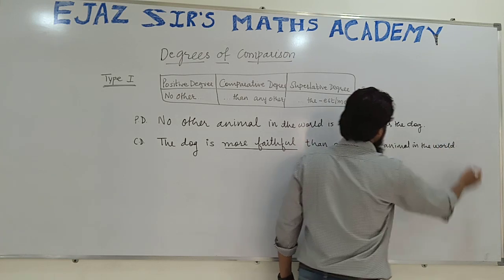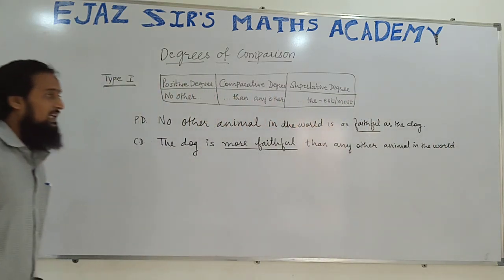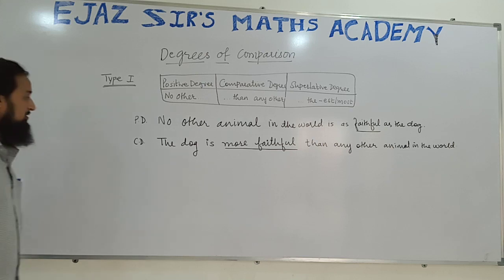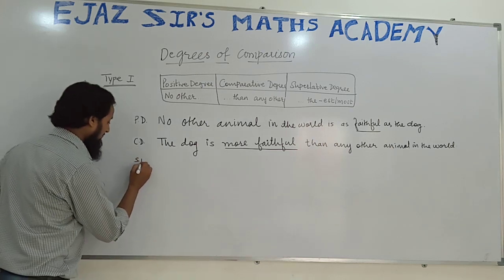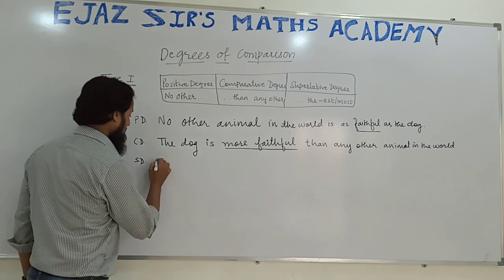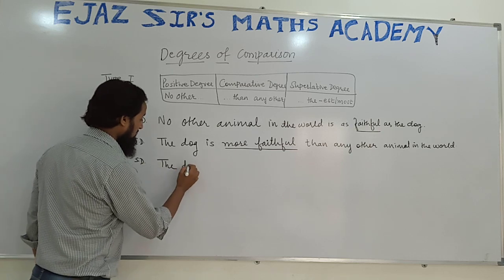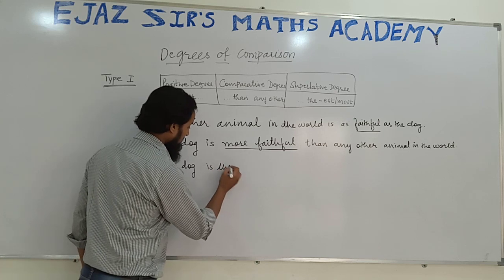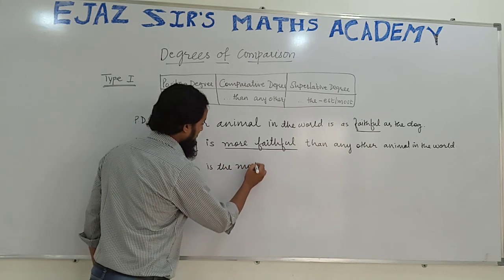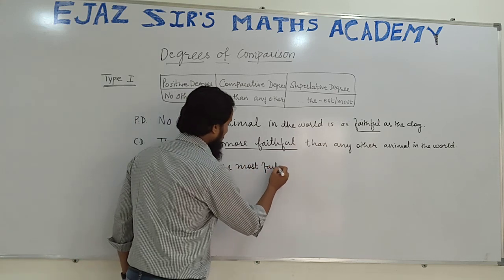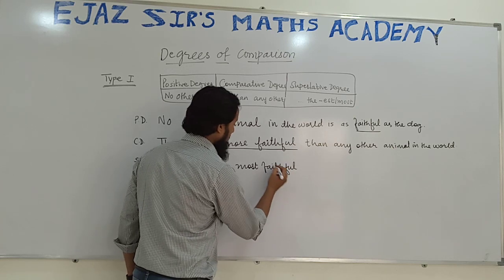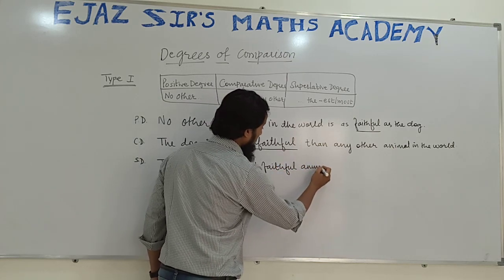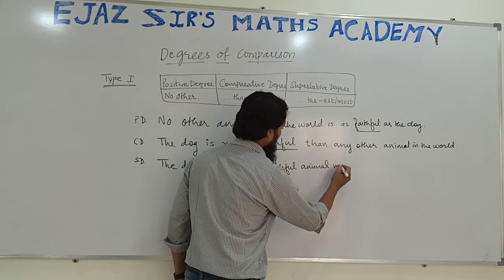The dog is more faithful than any other animal in the world. Its superlative degree will be the dog is the most faithful. The dog is the most faithful animal in the world.